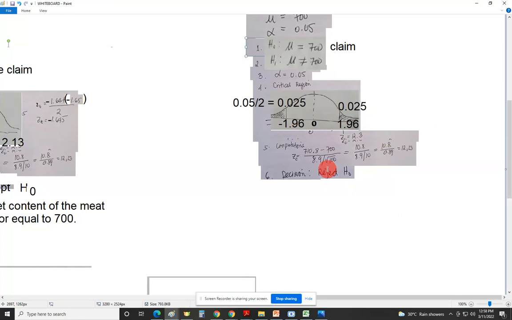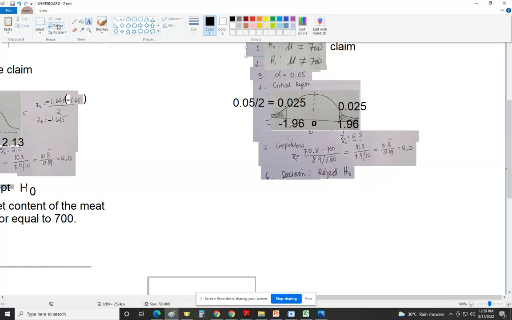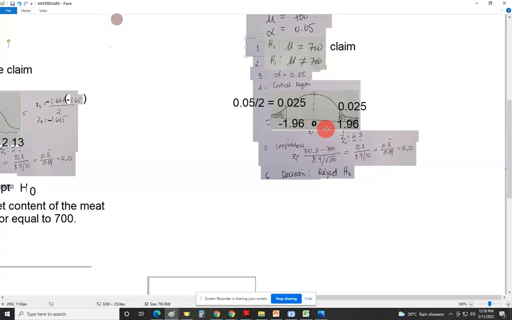Will I change the computations for number 5? Yes or no? Okay, no. The same pa rin. Okay, 12.13. Saan ko siya ilalagay? Sa left or sa right? Okay, right. Why, Kenneth? Why sa right? What's the reason? Okay, very good. Positive.